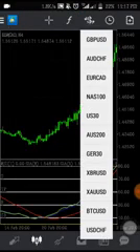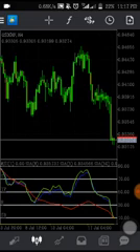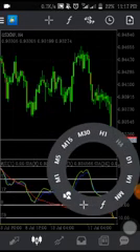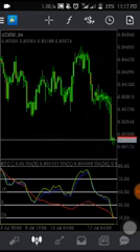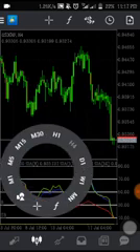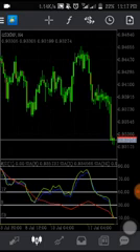USD CHF, where I use RSI and EMAs, three EMAs, EMA 8, EMA 5, and EMA 50 on the RSI, and the RSI period of 1. So, look for the shorter term moving averages to cross the longer term moving averages in the oversold or the overbought region, and look for either a buy or a sell trade.